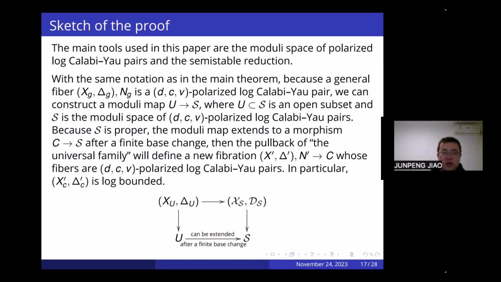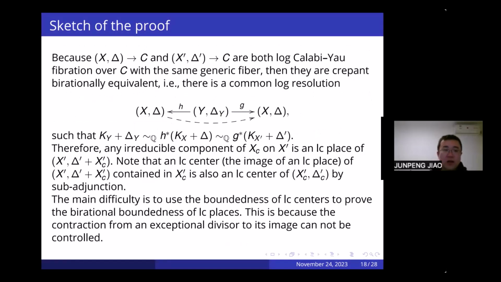In particular, the central fiber of the new fibration is log bounded. And because the original fibration and the new fibration are both log Calabi fibrations over the same base, and they have the same generic fiber, then they are crepant birationally equivalent.